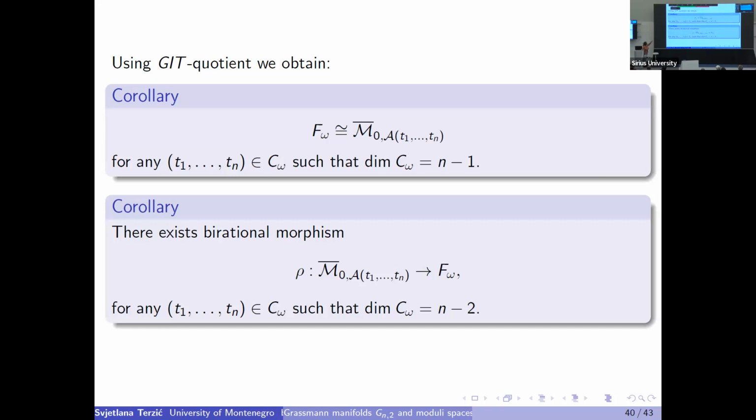This is when the dimension of C omega is n-1. It means that in this case, the linearization using geometric invariant theory is typical. When the dimension of C omega is n-2, so the sum of these coordinates is equal to 1, the linearization is not typical. So we can say that there is a birational morphism from this space to our space F omega.